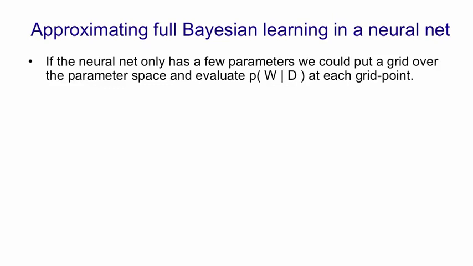That is, if we're doing supervised learning, how well our model predicts the target outputs. And we can say that the posterior probability of that grid point is the product of how well it predicts the data, how likely it is under the prior, and with the whole thing normalized so that the posterior probabilities add to 1.